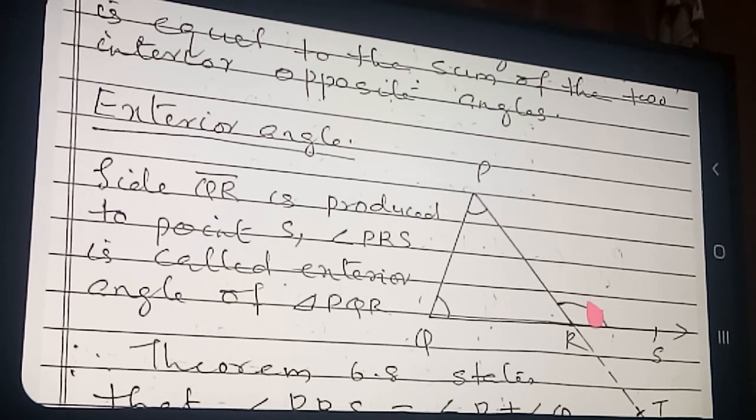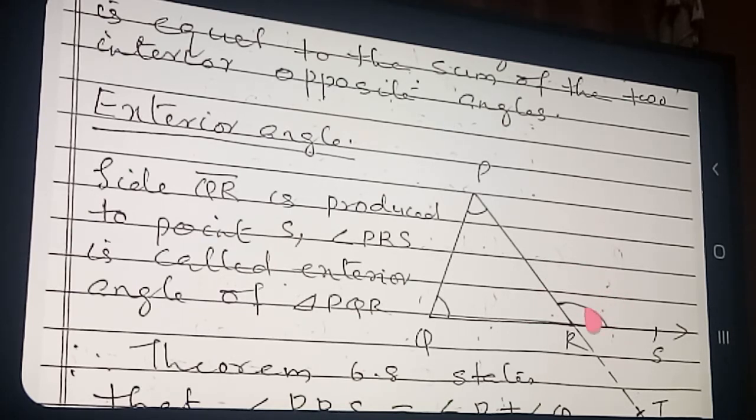Once more, see. Any one side of a triangle you can extend. Here we extended QR to S. Clear? So you get an angle here, angle PRS. Now you can see angle PRS and angle PRQ form a linear pair. At the same time, these two are adjacent angles.